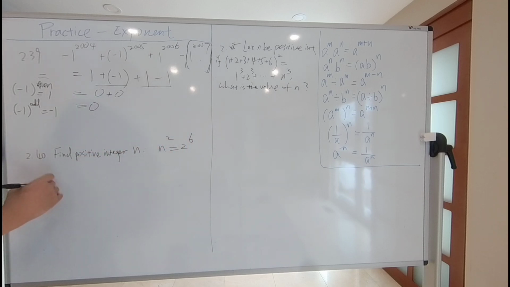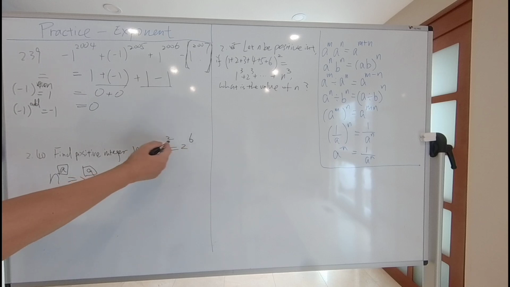If I had n to the 8th power equal to 2 to the 8th power, then since the power is the same, I can tell that n equals 2, because the base number should also be the same.